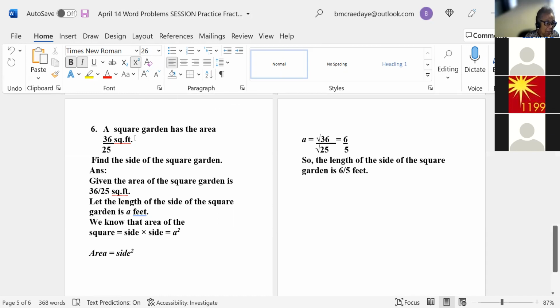We're given the area as 36 over 25, so 36 over 25 is equal to S squared, where S is the side. So if I have a square of something, how do I find the value of what I'm looking for, in this case the side?